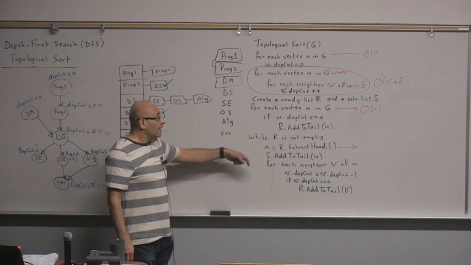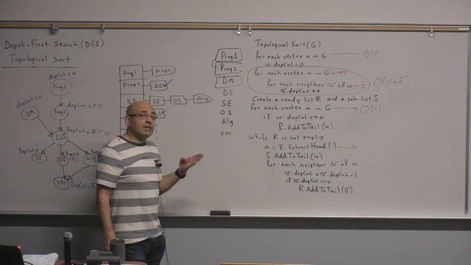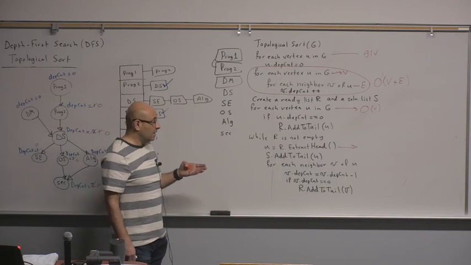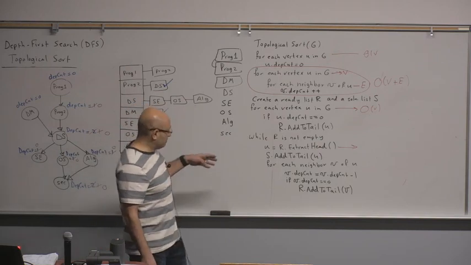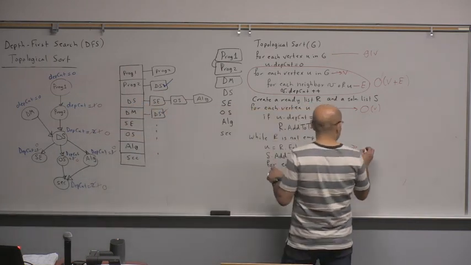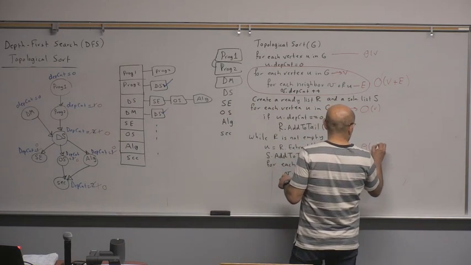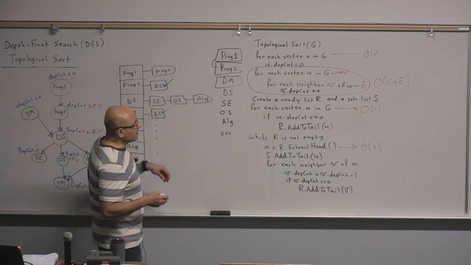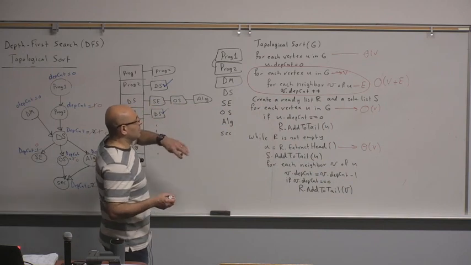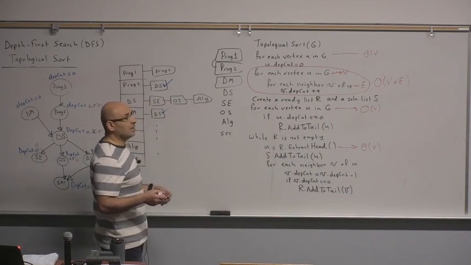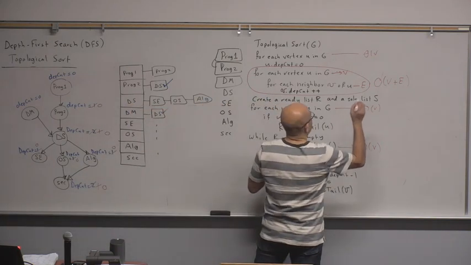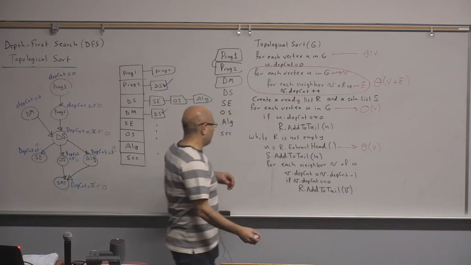Because each vertex cannot appear more than once in the topological sort. So each vertex will appear exactly once. So this is theta of V. And in fact, all of these can be thetas if the graph is connected. So assuming that the graph is connected, then this is going to be theta.